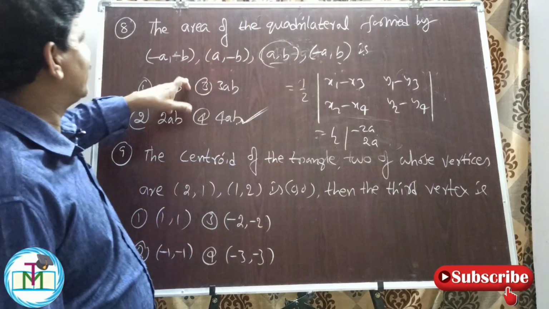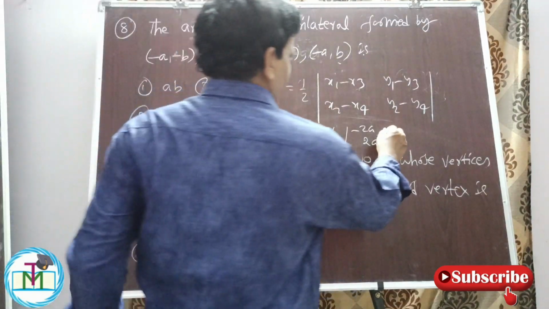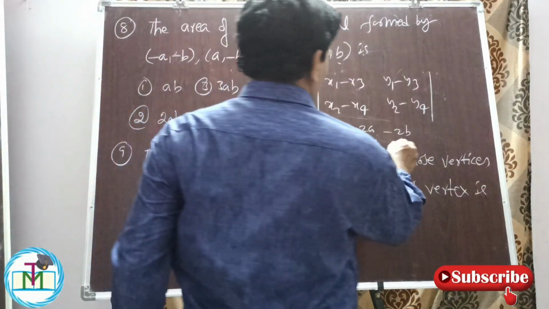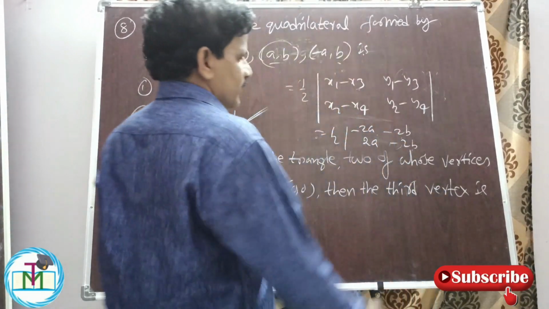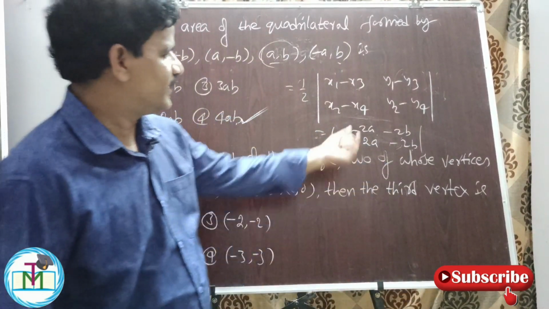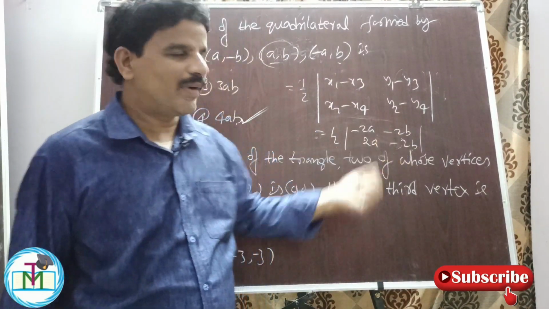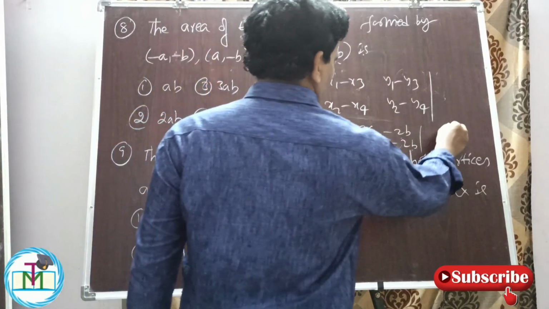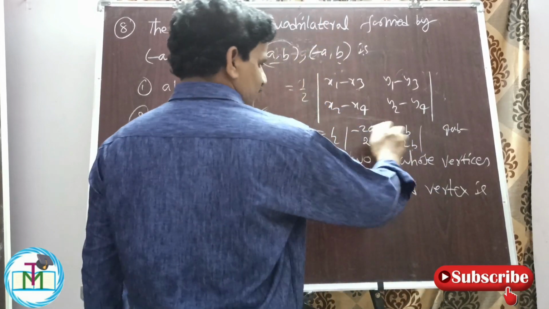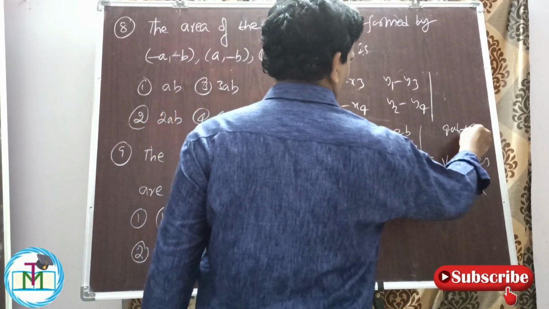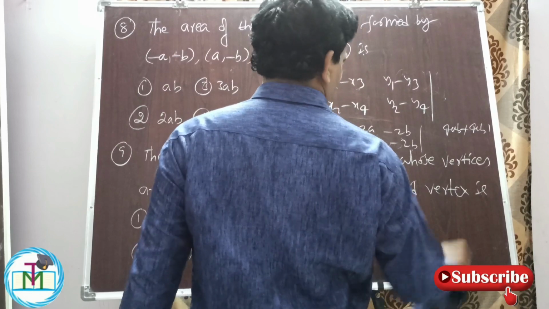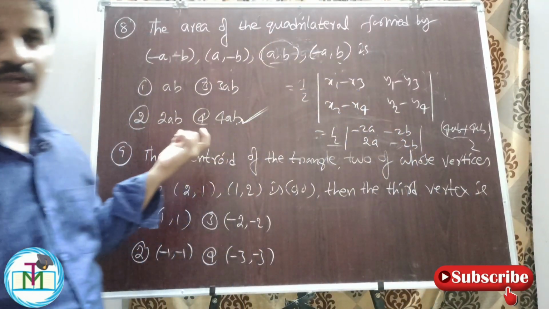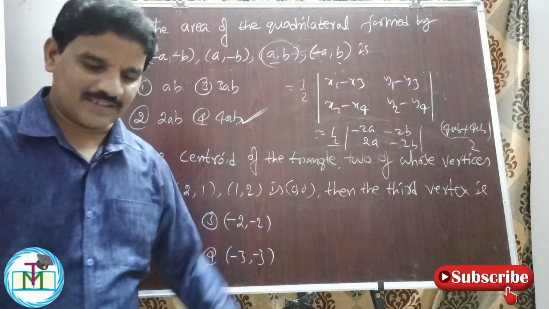Next y1 minus y3, minus b minus b, minus 2b. y2 minus y4, minus b minus b, minus 2b. The determinant formula is, if this is a, b, c, d, then ad minus bc: 2a into 2b, minus into minus plus 2a into 2b, 4ab, so total 8ab. By this 2, it is equal to 4ab. You can use any one of these techniques.